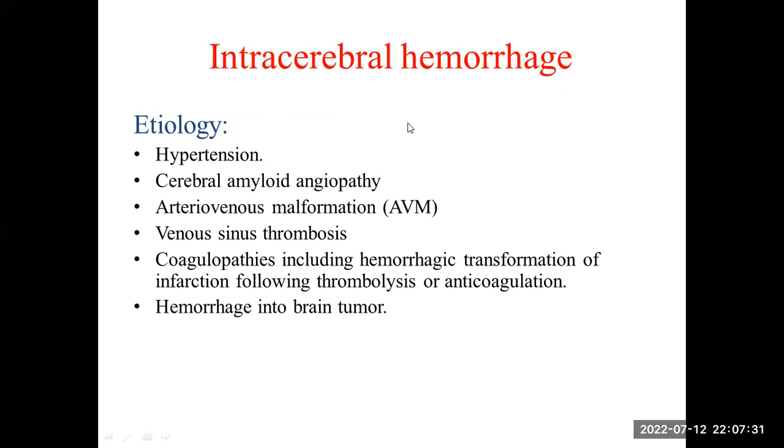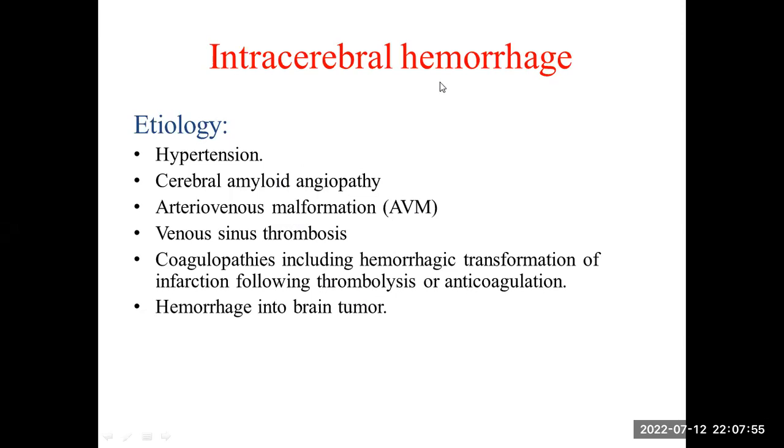This is different from systemic amyloidosis. In cerebral amyloid angiopathy, there are no deposits of amyloid proteins in other parts of the body. You will not have nephrotic syndrome, membranous glomerulonephritis, restrictive cardiomyopathy, or other features of systemic amyloidosis. It occurs in isolation, only within the cerebral blood vessels. This is similar to what's seen in patients with Alzheimer's disease.